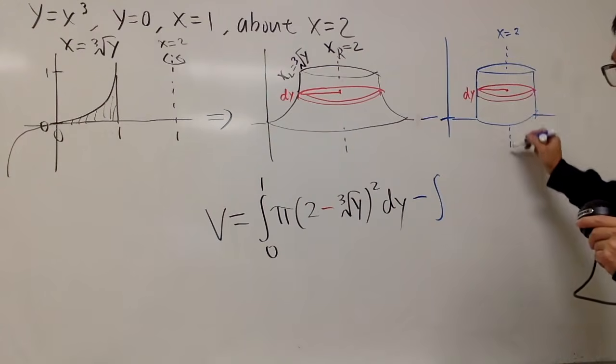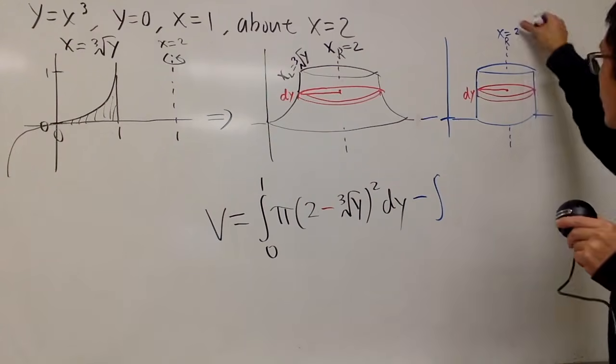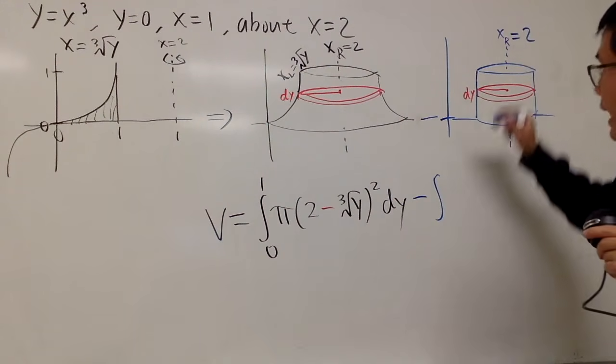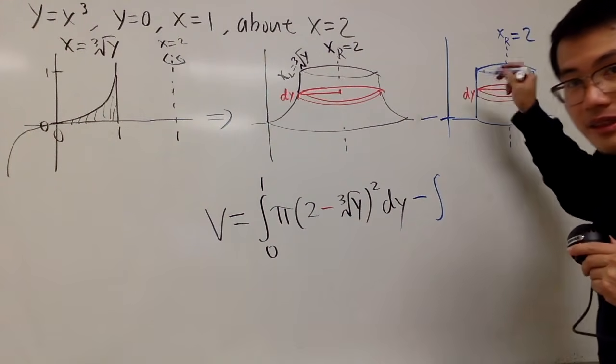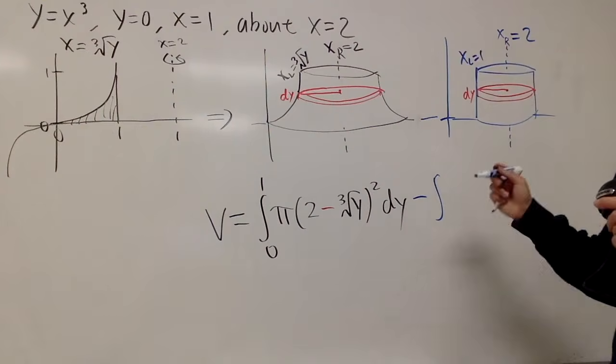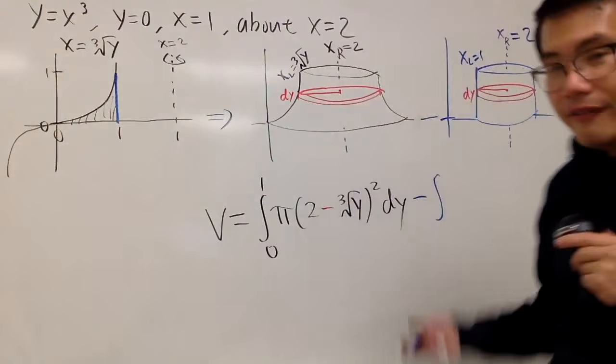In fact, this again, of course, is the x on the right. So xr is equal to 2, the x on the right. And this portion here is just x is equal to 1, the x on the left, which is this right here, isn't it? Very nice, huh?